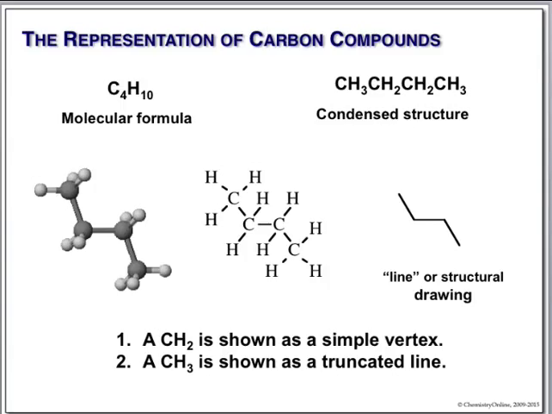Anytime you have a vertex here, that's our zigzag, that's our CH2. So we would look at this structural drawing, line drawing, and we would say CH3, CH2, CH2, and a CH3. Virtually all organic compounds that you see will be drawn using some type of a structural drawing.